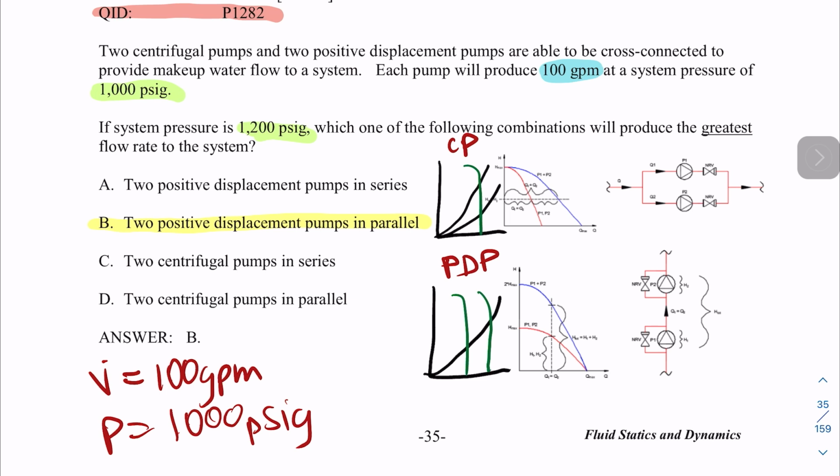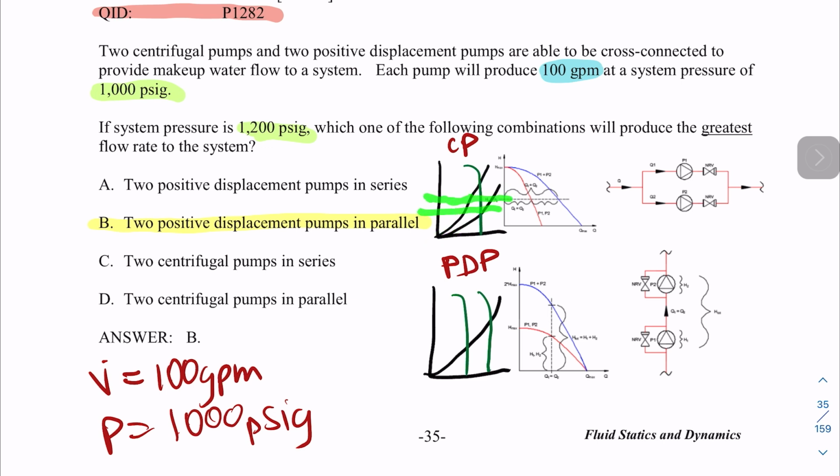So what is the difference? The difference here is that the PDP, no matter what we do, is going to give us the same flow. We can change the head, but we're going to get the same flow, right? And in here, depending on what we do, we can reduce.